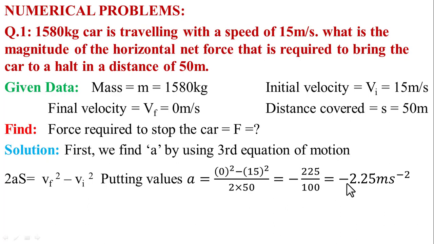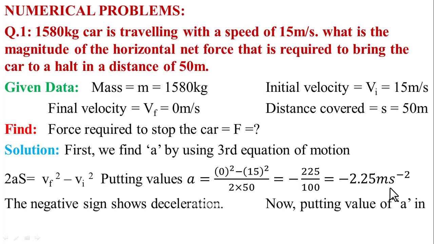Then acceleration is equal to minus 2.25 meters per second square. Here the negative sign denotes retardation. Retardation is also called negative acceleration, and the negative sign shows the deceleration.